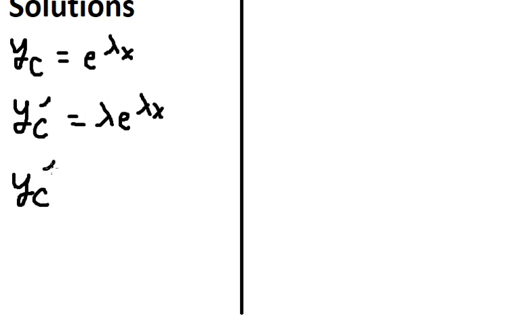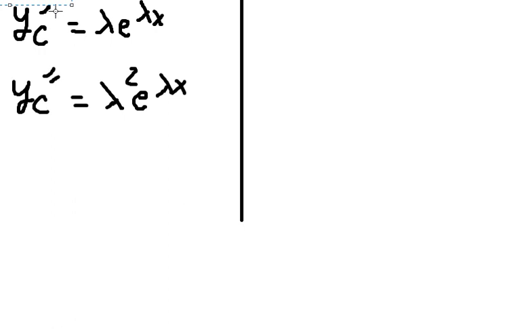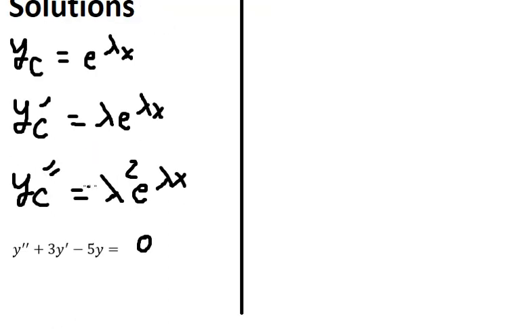Then the second derivative of yc, and we have lambda square e to the power of lambda s. Because this is for the complementary solution, I will set this equal to 0. So I will put this one in here, this one in here, and this one in here.